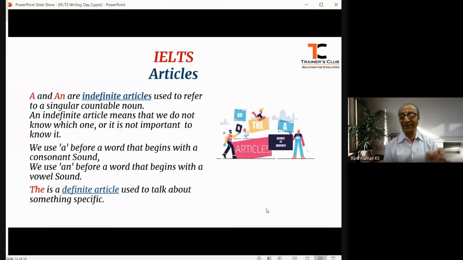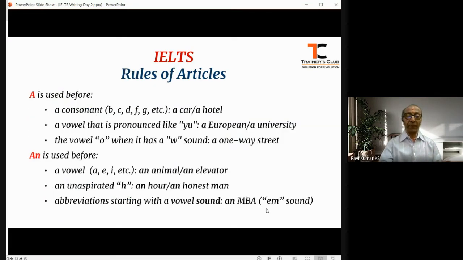For example, the Himalayas, the Kaveri, the Ganges, the Yamuna, the Brahmaputra, the Eastern Ghats, the Western Ghats, the Everest, the Kanchenjunga, the Nilgiris. You should not forget that. Right?